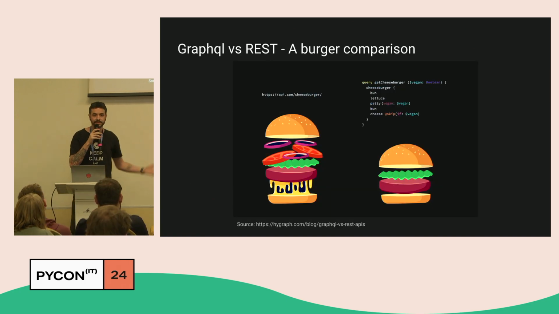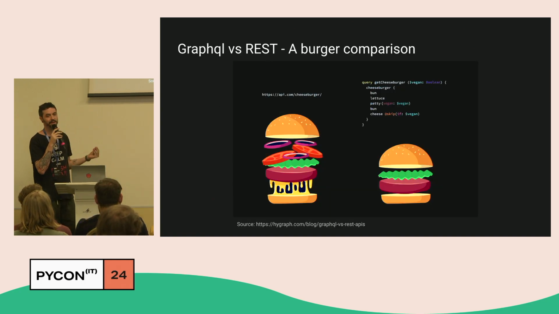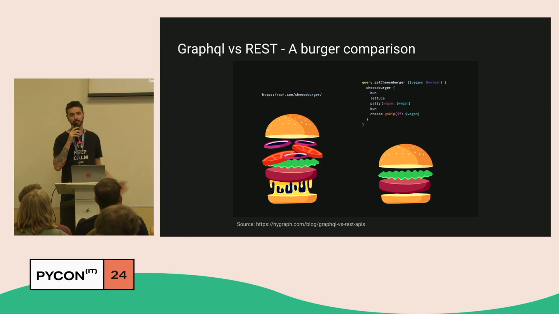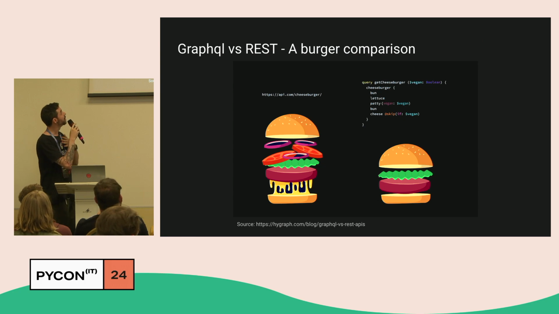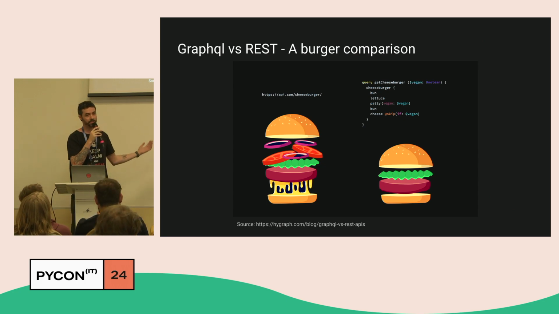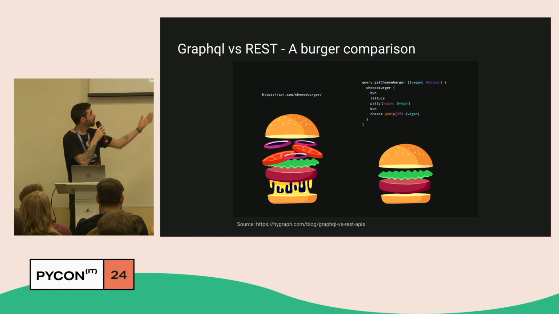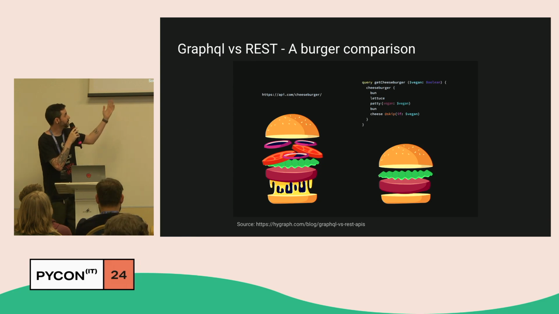This is a nice picture. I like it to explain the main difference between it and REST, which is basically what most developers use in the backend. So, for example, on REST, we usually will have an endpoint to retrieve a cheeseburger, and it comes with everything.